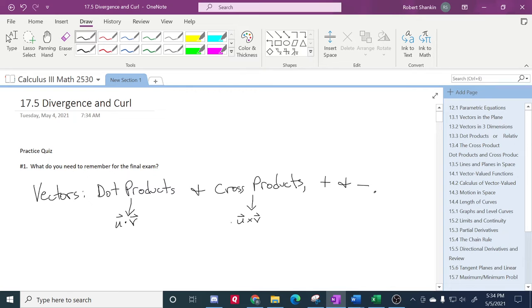How much two vectors are perpendicular to each other, and also it returns a vector value. Scalar value versus a vector value. Those are answers that are relative to what? On a plane. How perpendicular they are.